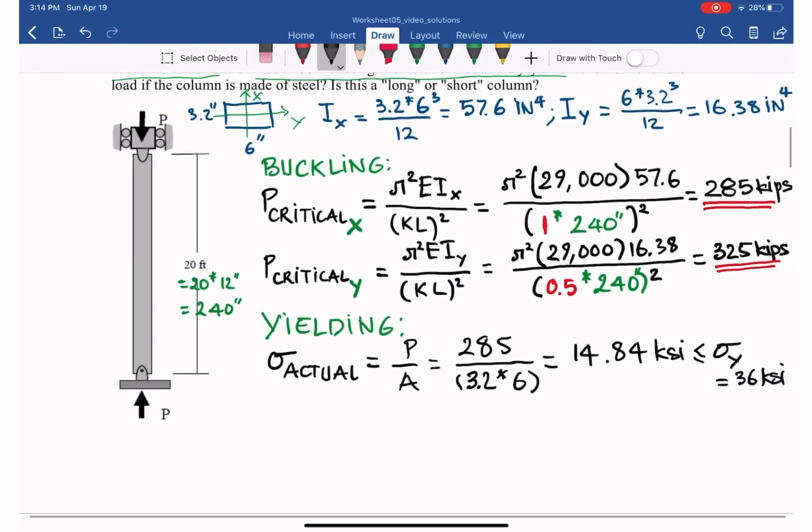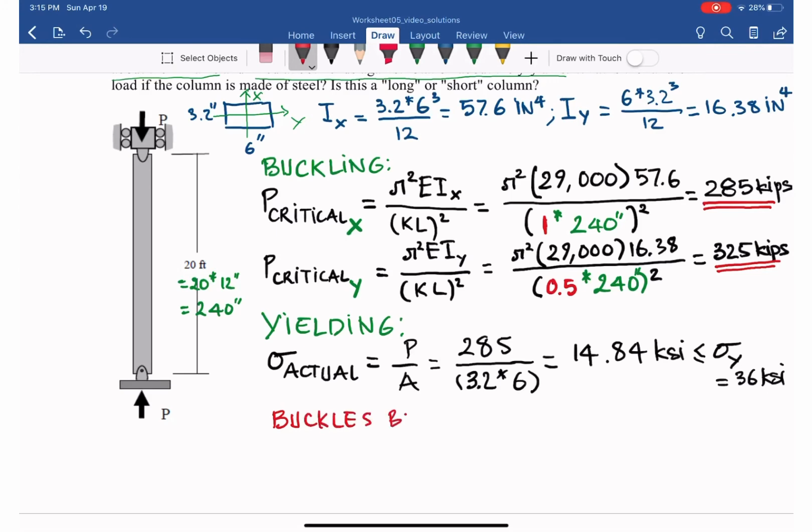So what does that mean? We can say that this column buckles before yielding.